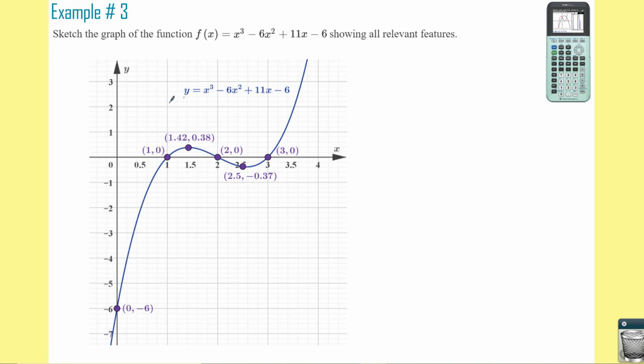You have a local max here, and right here you have a local min. And again, put your arrows. Hopefully this is making sense with your calculator. This is how you show your work. Don't just put it in your calculator and say, okay, I got it. No, write it down, put a sketch in.